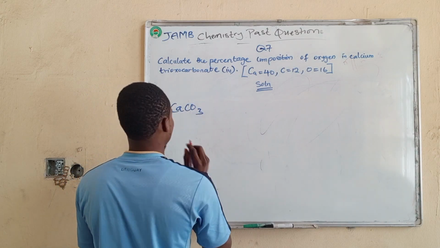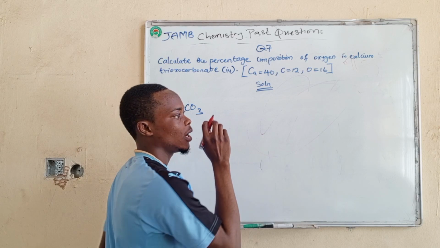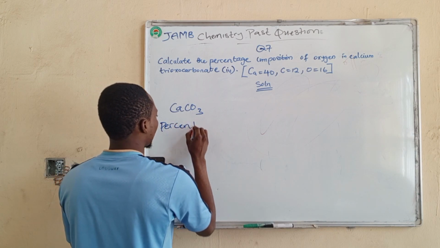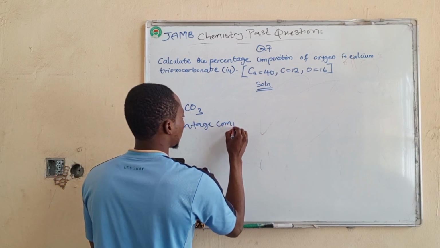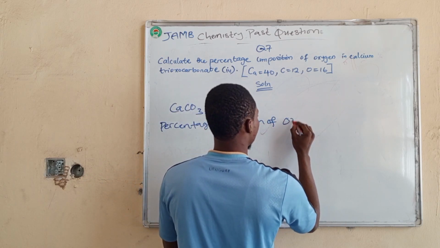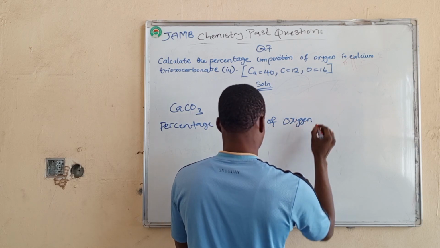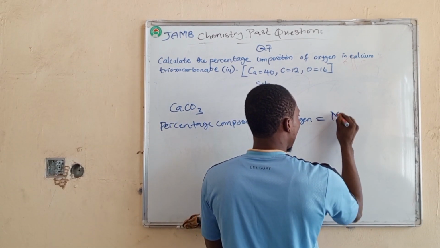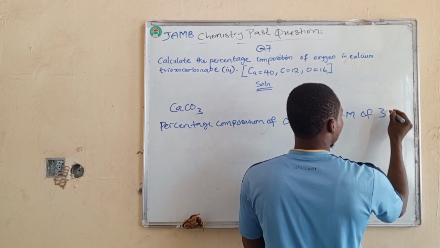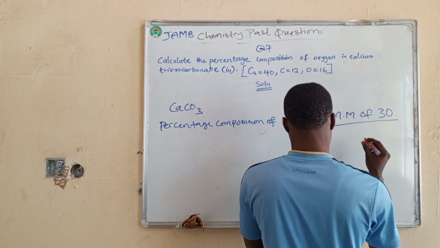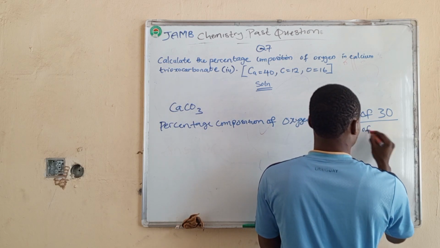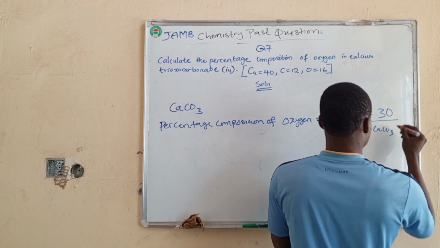Now you are asked to calculate the percentage composition of oxygen. Percentage composition of oxygen is equal to the molar mass of oxygen, all over the molar mass of CaCO3, times 100.